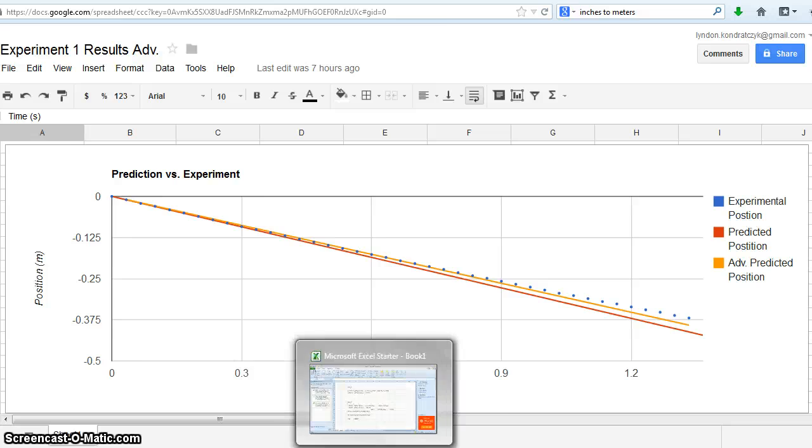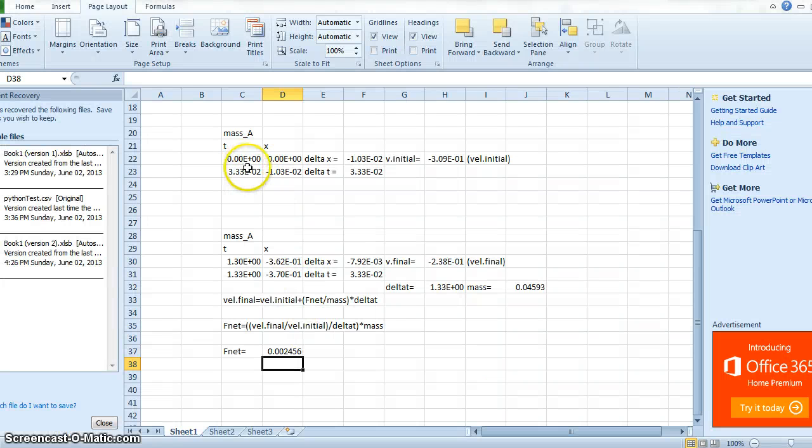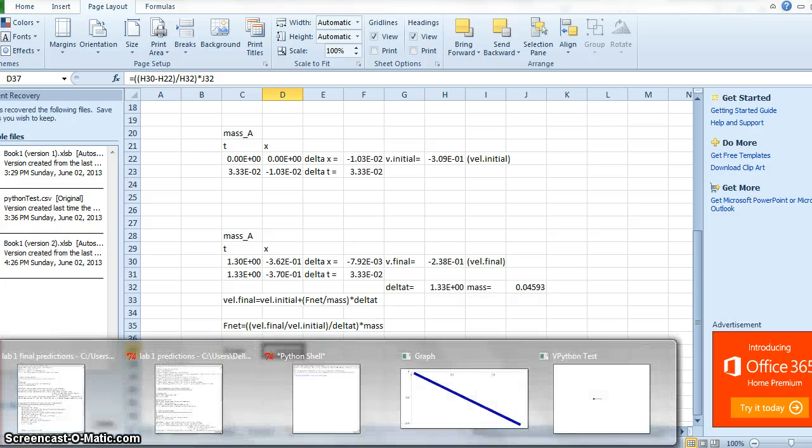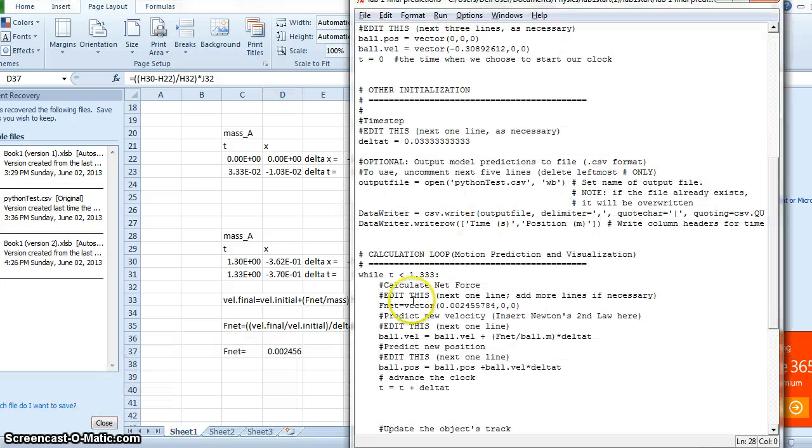And to do this, I use the first 2 points of my experimental data to find the velocity initial, the last 2 points to find the velocity final, and the overall time period as delta t. Took the mass of the ball, plugged it into Newton's second law equation after manipulating it to look like this, and got an F net, force net, equal to this number, which I'll show you after I plugged it into my final predictions.